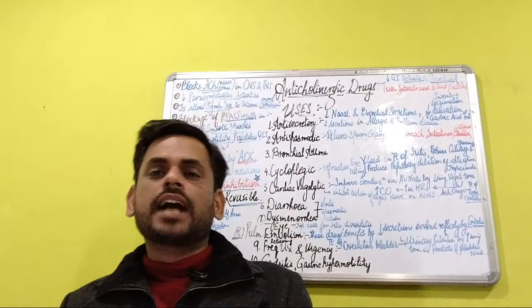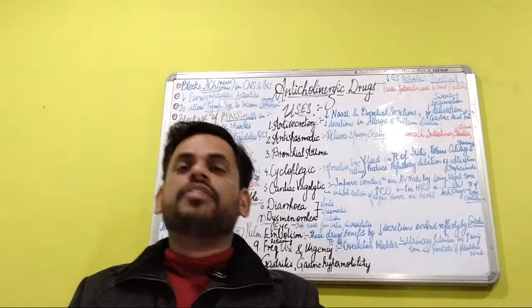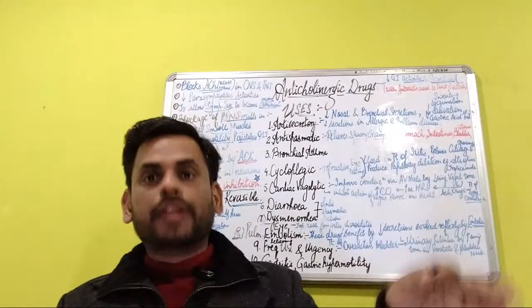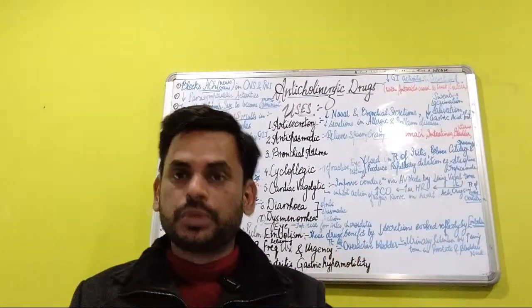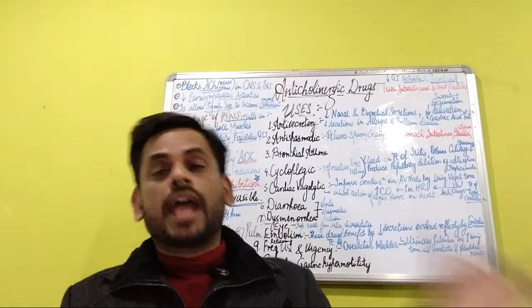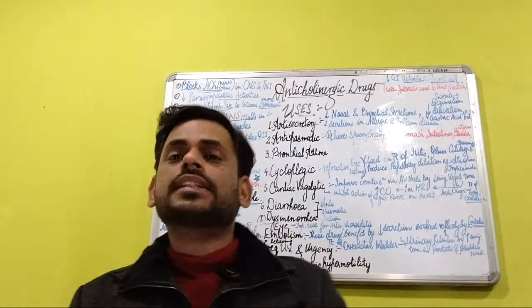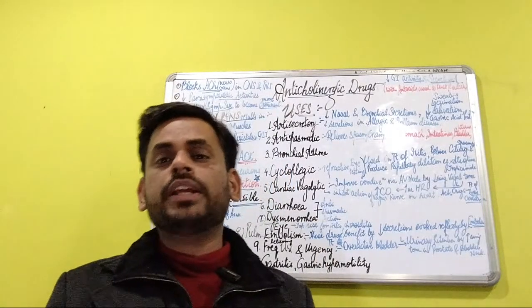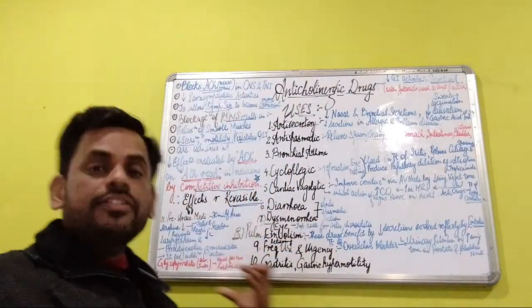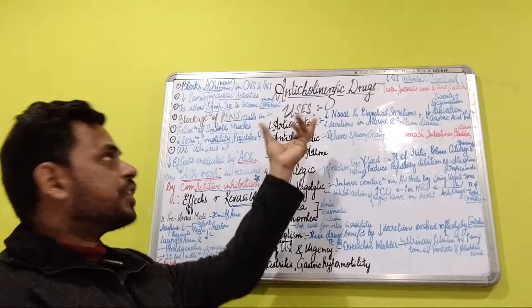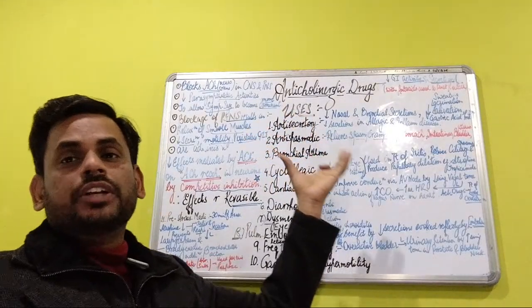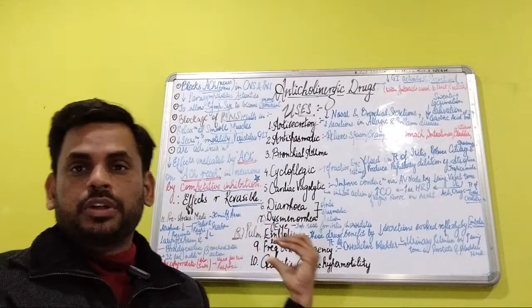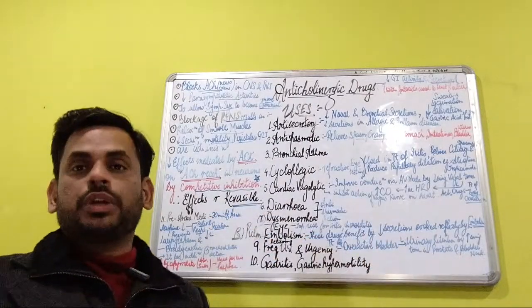Once the drugs are given to the body, they exert their sympathomimetic effect, and slowly and gradually as the drug concentration falls and the drugs get removed from the body, the effect will revert back to the normal, the original state.